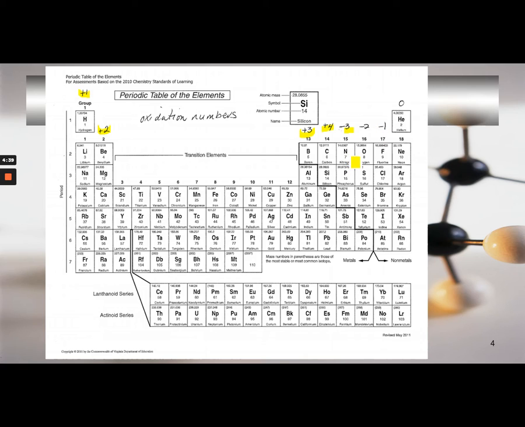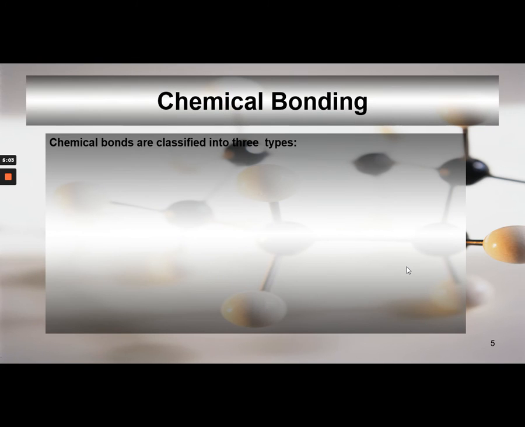So to have 8, you have 5 valence here, plus 3 is 8. And then with 6 valence, plus 2 is 8. And 7 valence, plus 1 is 8. And then all of the elements in the noble gas group are neutral and don't have any reactivity unless we force them.